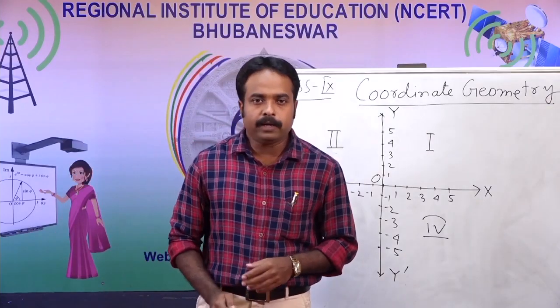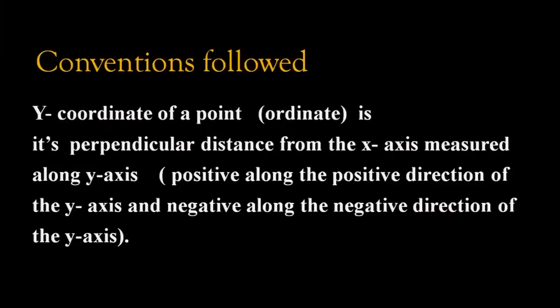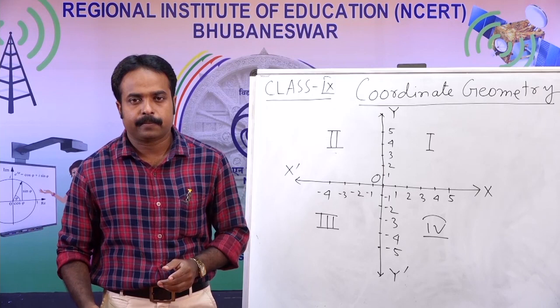Second, the y coordinate of a point, also called the ordinate, is its perpendicular distance from the x-axis measured along the y-axis. Here also it is positive along the positive direction of the y-axis and negative along the negative direction of the y-axis.